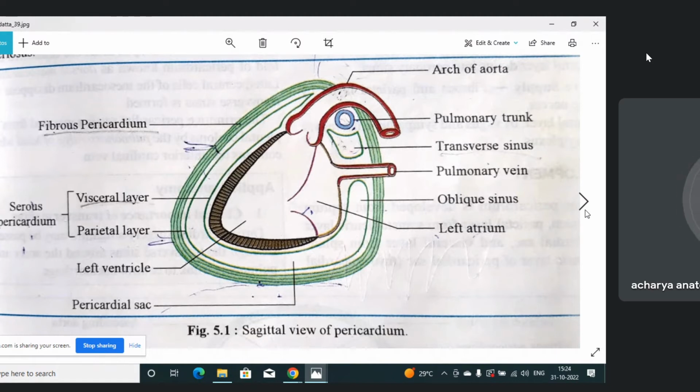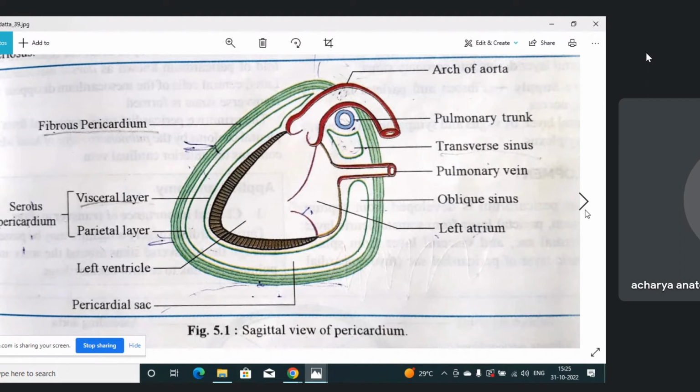Next point, between the visceral layer and the parietal layer, there is the presence of a sac called the pericardial sac.